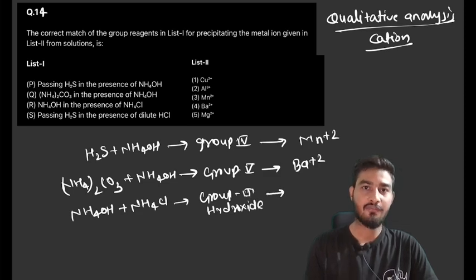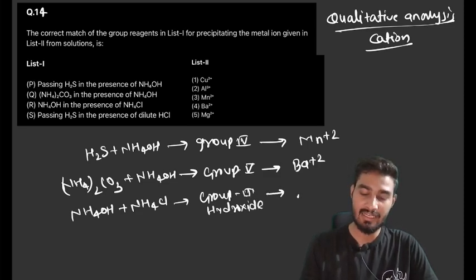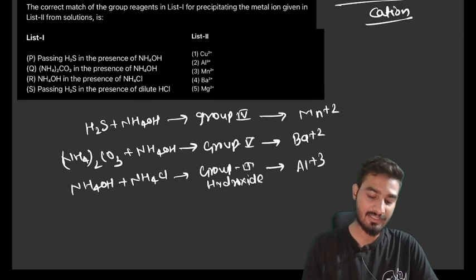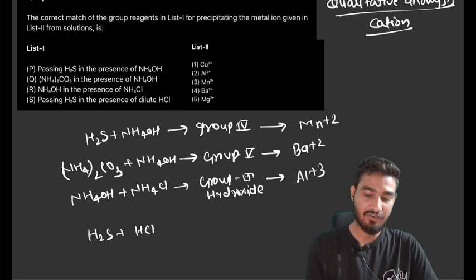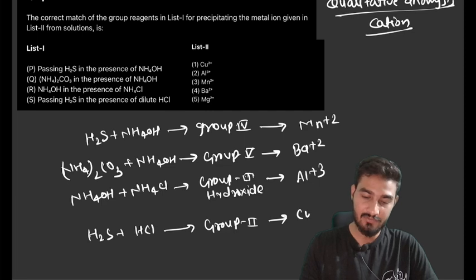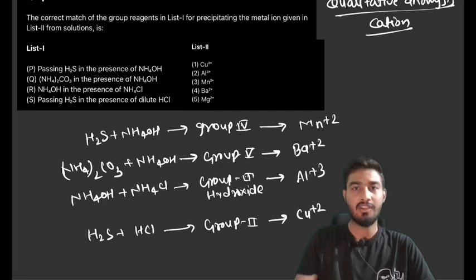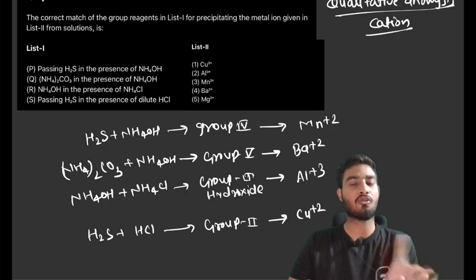Simple. For group third only one cation is given, Al+3. And the fourth one, H2S and dilute HCl, is group second, sulfide. For group second only one cation is given, Cu+2. So we just have to know the group reagent.